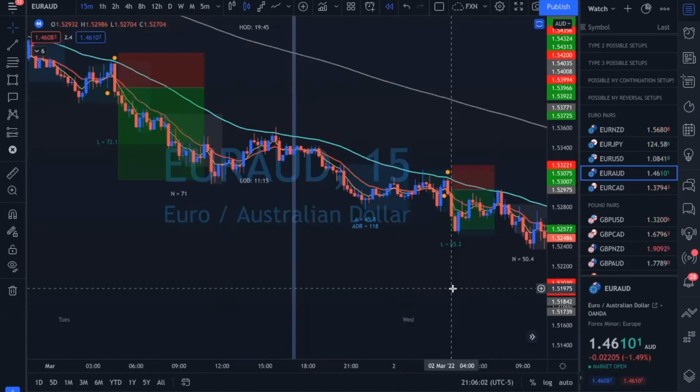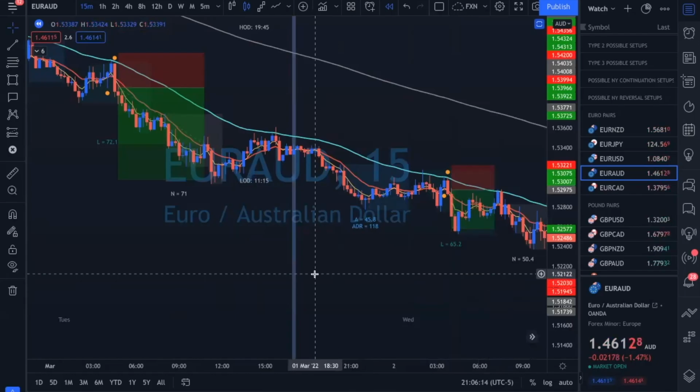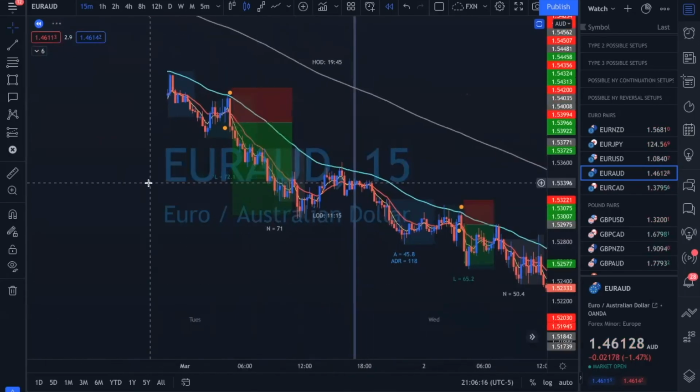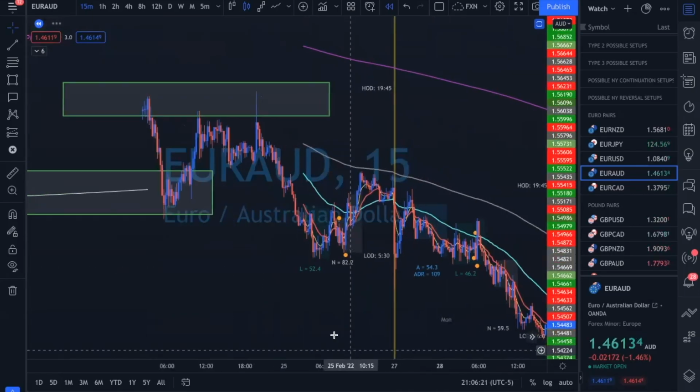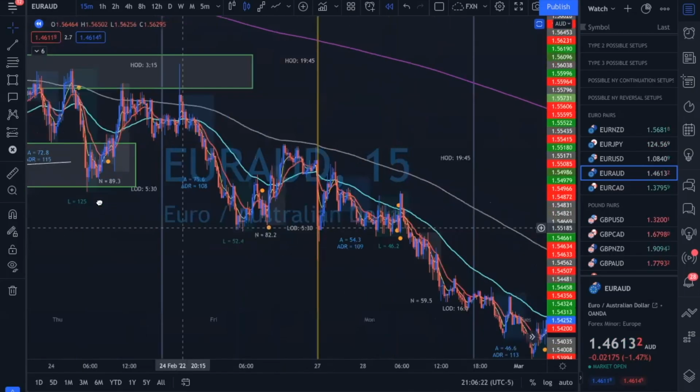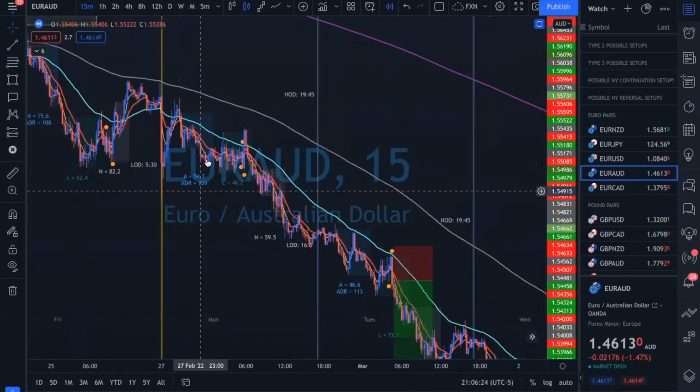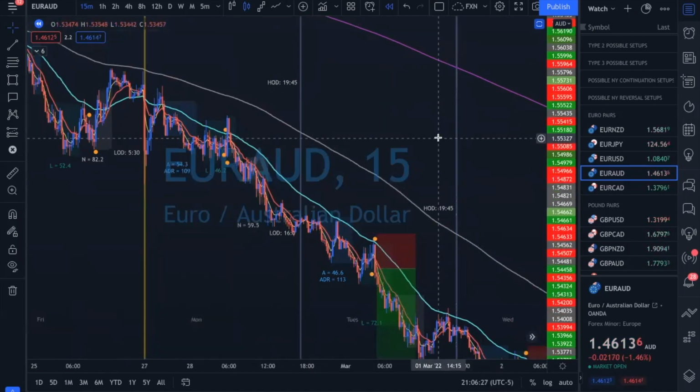If you like type 1s, then guess what? You're going to go through all the different pairs, right? And you don't have to go a year. You can go maybe 6 months and just count how many type 1s were produced. And you don't even have to replay the charts to do that. You can literally go back to the beginning of the year and start looking at the setups and be like, okay, this is type 1, that's 1, 2, 3, 4, 5, go all the way down.